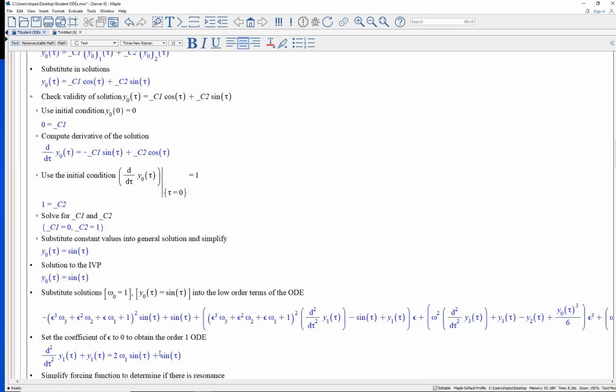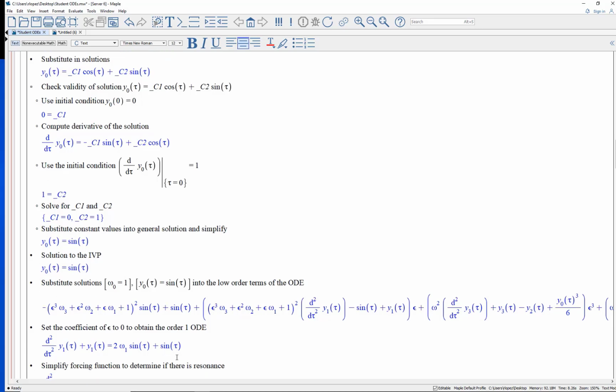And that's what's called a secular term, because as the variable tau increases, these oscillations will get bigger and bigger.